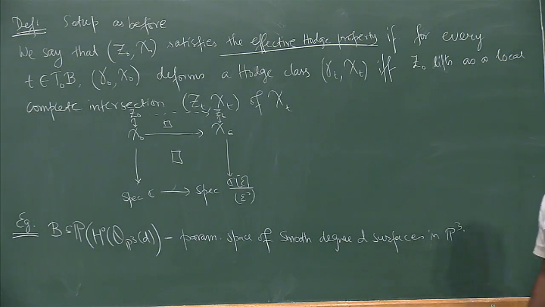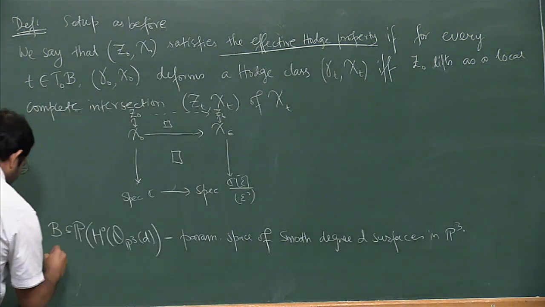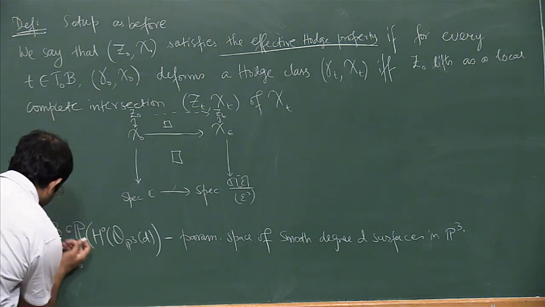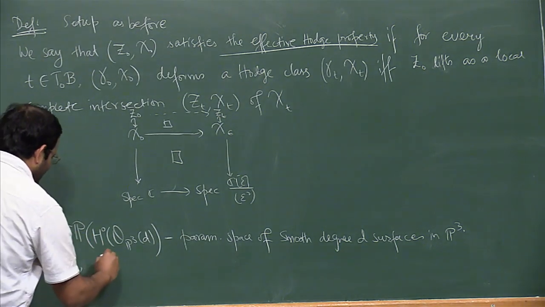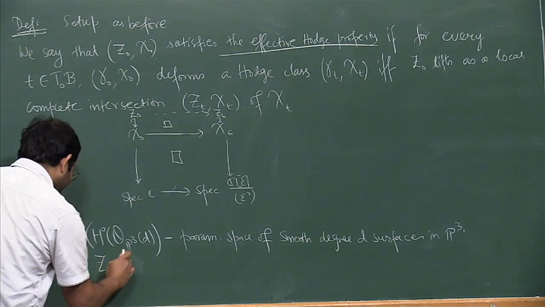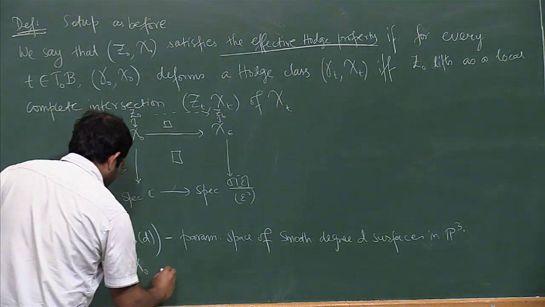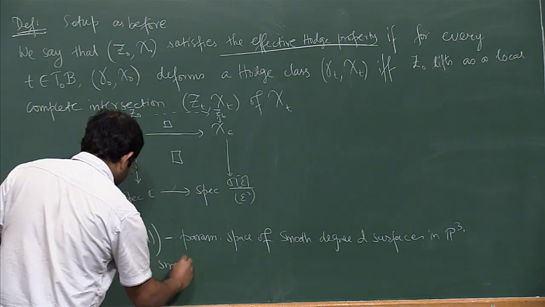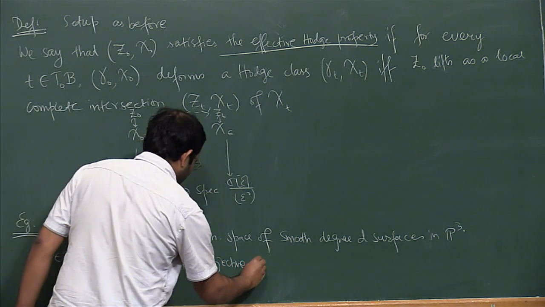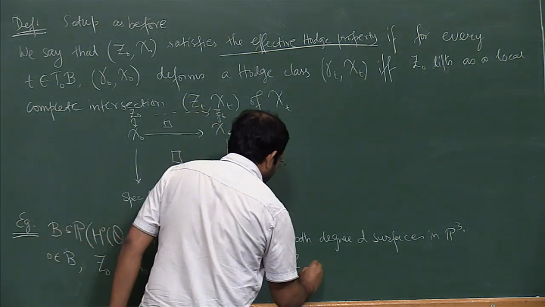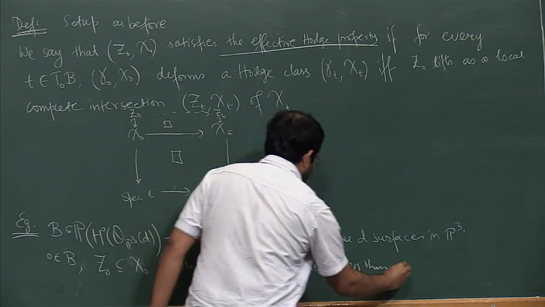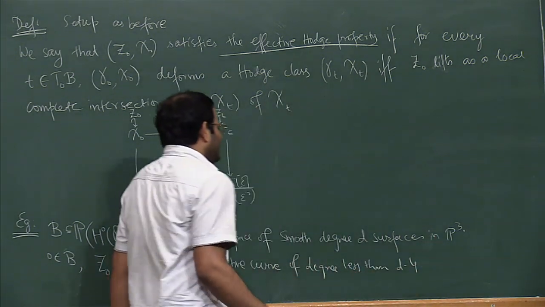I take a point in here, and Z0 is a smooth projective curve of degree less than D minus 4.